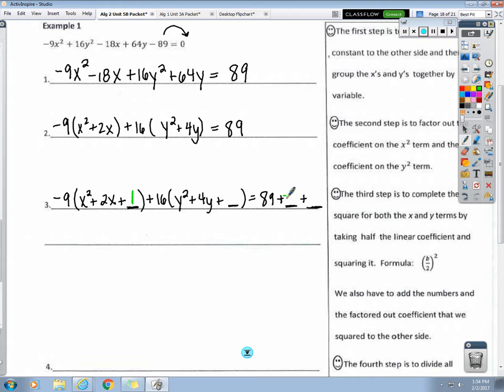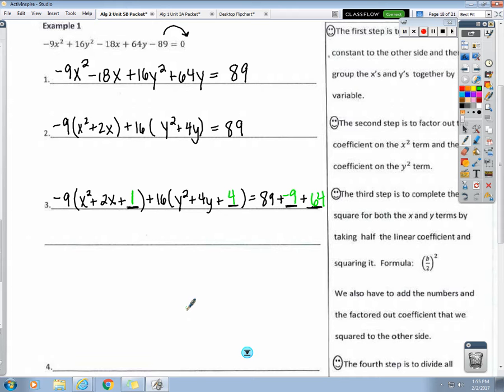And so over here, you add a negative 9. Okay, what's the b value for the y trinomial? 4, divided by 2, squared, gives 4. But over here, you must multiply that 4 by 16 and you get a 64. Just like we did with ellipses.